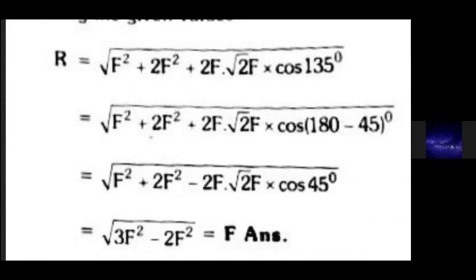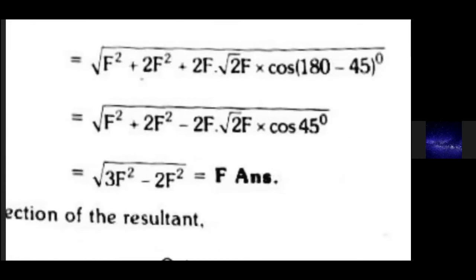You can write 135 as 180 minus 45. Cos 180 minus theta gives minus cos theta, so we get minus 2F into root 2 F into cos 45. Cos 45 value is 1 by root 2, so root 2 gets cancelled, and we get minus 2F square.